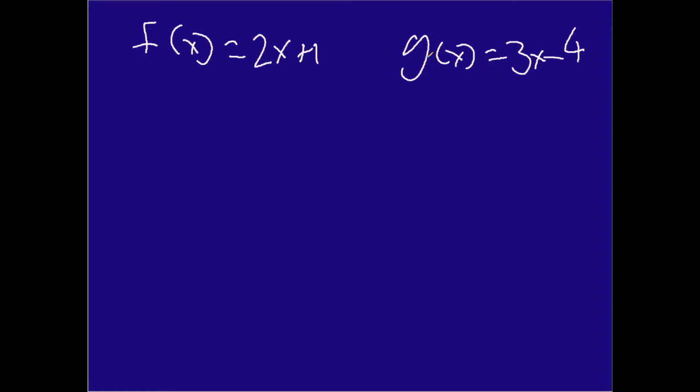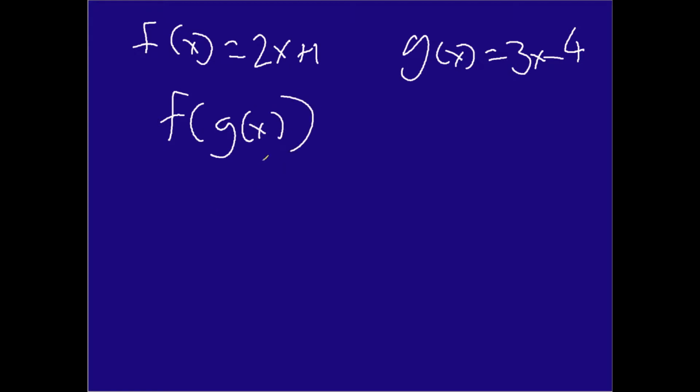Now, for those of you who are more familiar with coding and computer science and things of that nature, it's very similar to nested functions. It's kind of the same idea, except they use a different term because it's a different discipline. So essentially what's happening is this. Let's say I want to know f of g of x, like this.